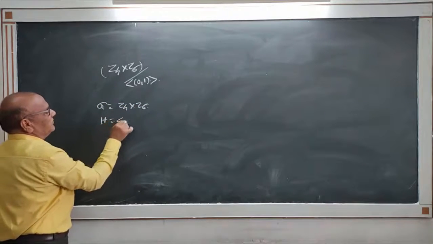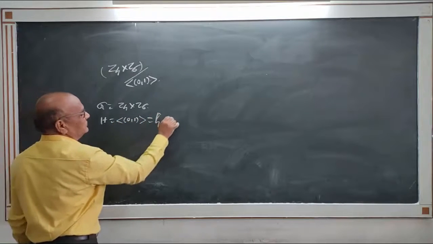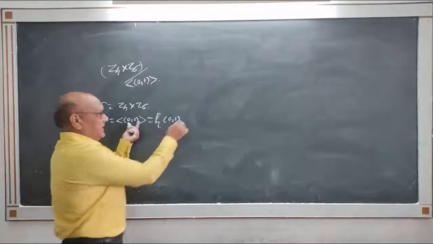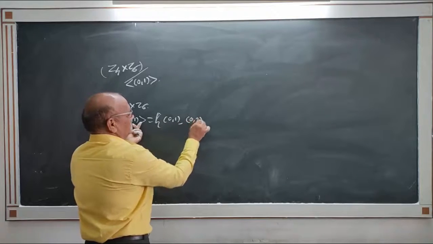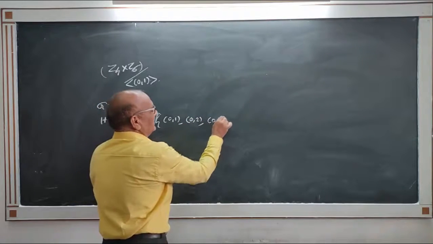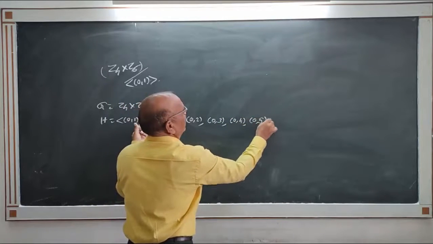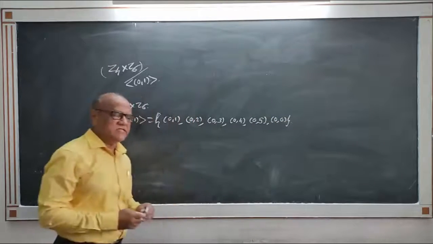H is the subgroup generated by 1, that is (0, 1). Again, taking multiples, this gives (0, 2), (0, 3), (0, 4), (0, 5) and then (0, 0). That means it contains 6 elements.